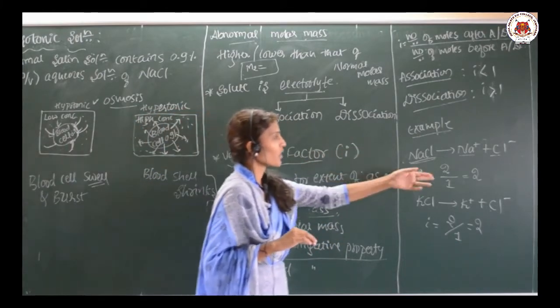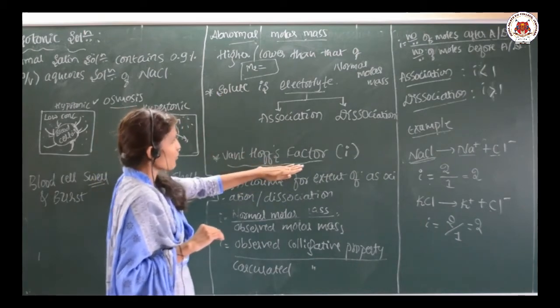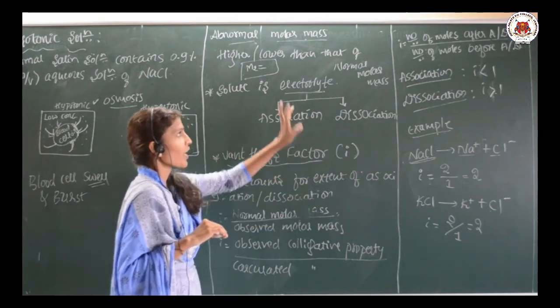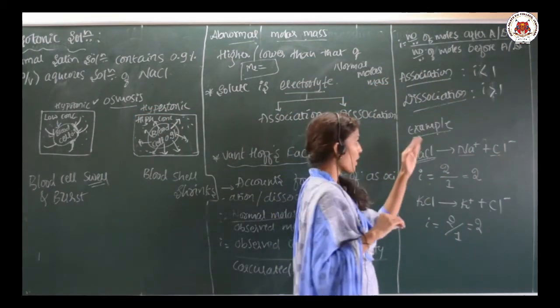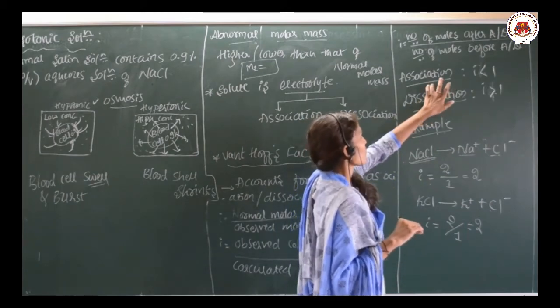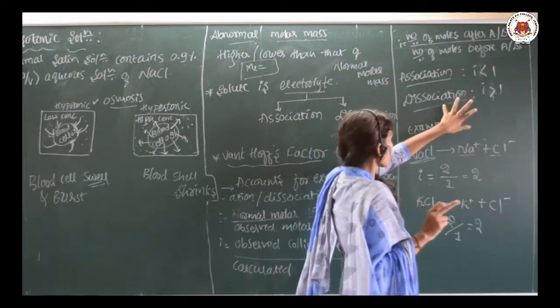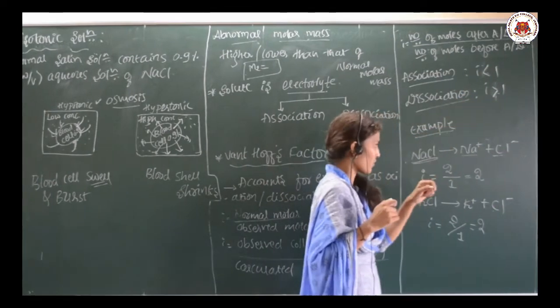See here, a few more examples I will tell you. The Van't Hoff factor i can be calculated on the basis of these formulas, and we are using this formula for the examples we are taking here. For association, the value of the Van't Hoff factor is less than unity. For dissociation, it is greater than unity. Let us take one example to cross check this.